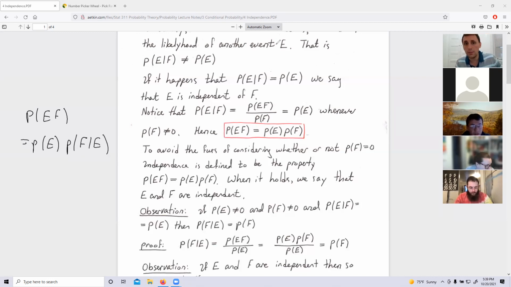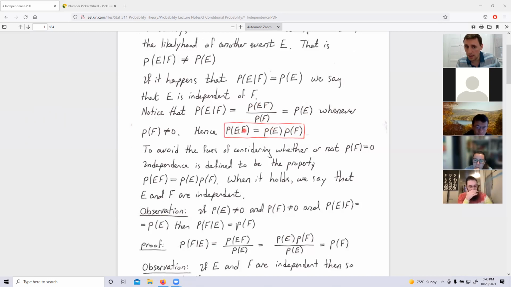But when they are independent, as you can see from those equations, this probability is not modified by the introduction of the prior event F. But this, by definition, is this middle term. And so rearranging the terms, we see that the probability of E and F is the probability of E times the probability of F. Agreed?